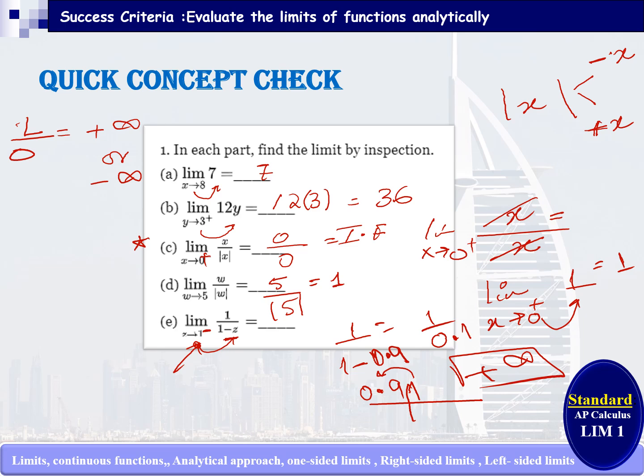This is how I check the answers of my functions. When a limit fails to exist and I cannot solve any question algebraically, I use the numerical method to get my final answer.